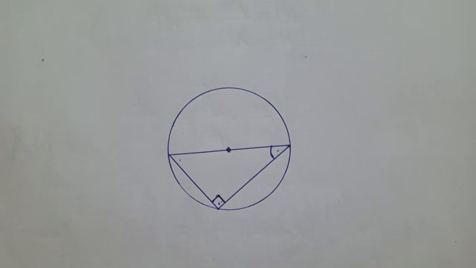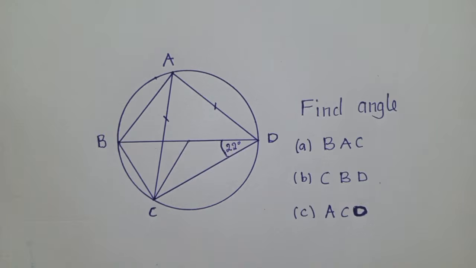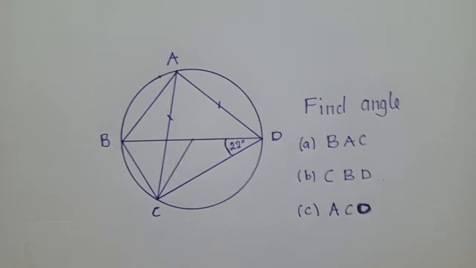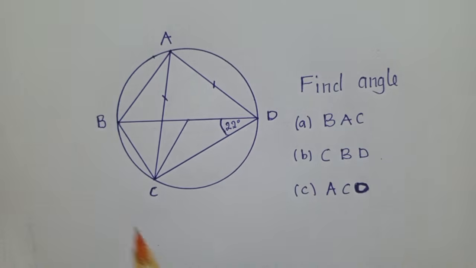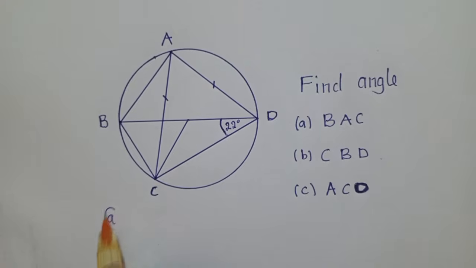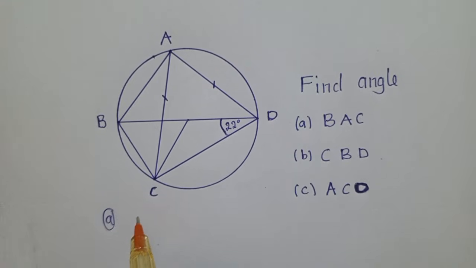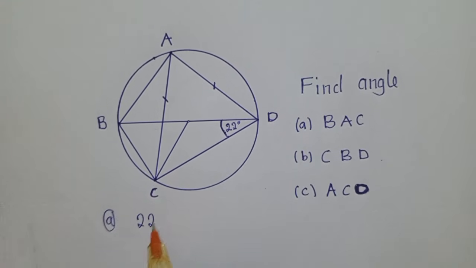So if you have understood those two properties, let's try now to answer this question. Okay, so upon checking, I think you've realized and by now you're able to answer the question because those properties are applicable on this question. So the first question, which is question A, applying the first property, the answer is 22 degrees.